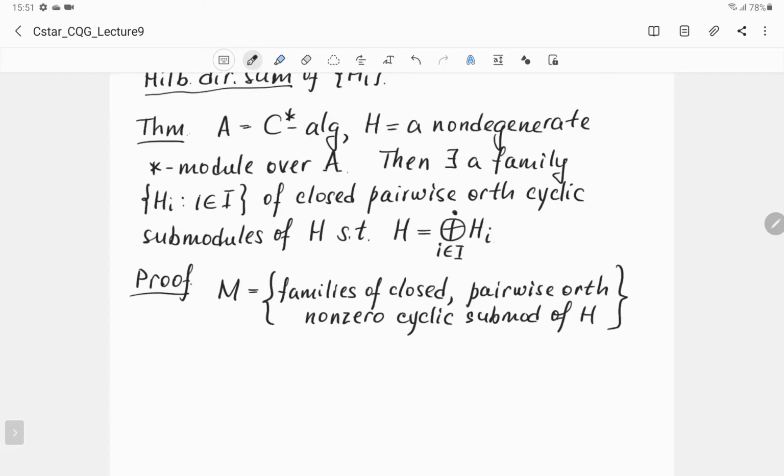This set has a natural order relation, just the inclusion. It's a simple observation that this ordered set satisfies the condition of Zorn's lemma.